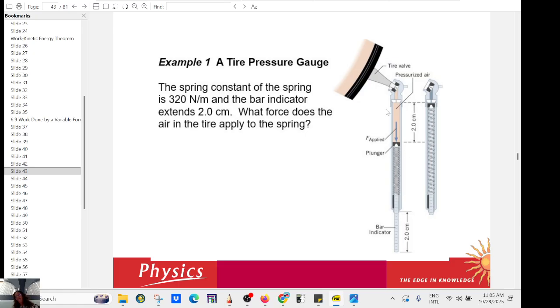All this air that is being compressed is pushing the spring. So there is a relationship between the amount the spring is being compressed and the pressure, because pressure is force per unit area. The area does not change. So you have a linear relationship between the pressure and how much is being compressed. So you just apply Hooke's law.